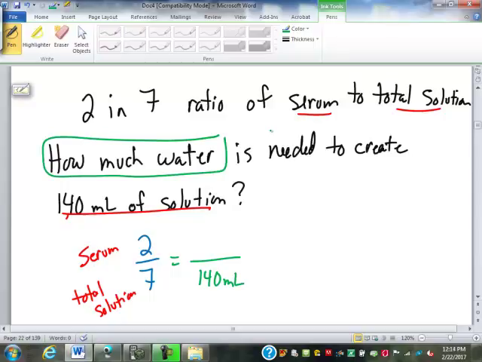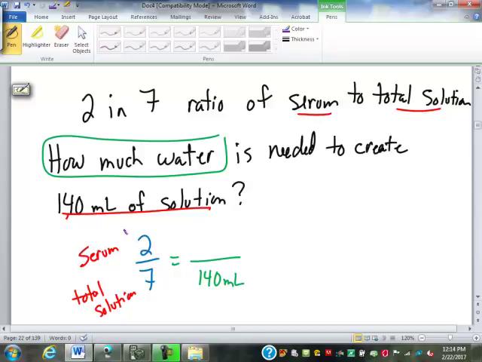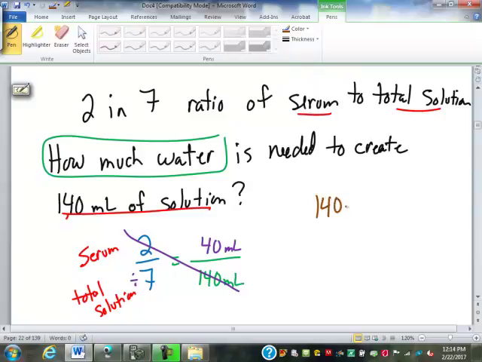Now, I could find it from this ratio here. I could do 2 times 140 is 280, divided by 7 is 40 milliliters. That's the amount of serum. And then I could find the total solution of 140 milliliters minus the 40 milliliters of the medication, the serum, gives me 100 milliliters. That must be of water.